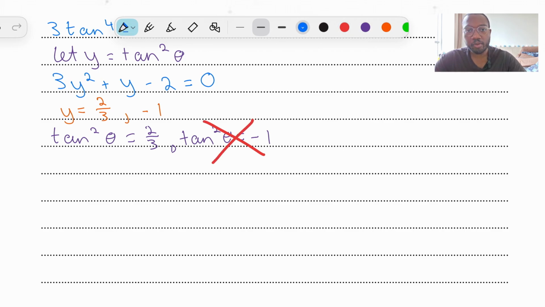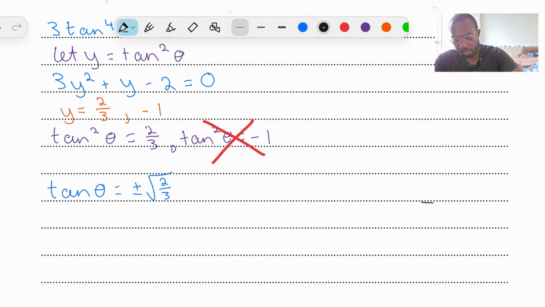So now we're just left with tan squared theta is equal to 2 over 3, which means that tan theta is equal to plus or minus the square root of 2 over 3. So now we can draw a CAST diagram.